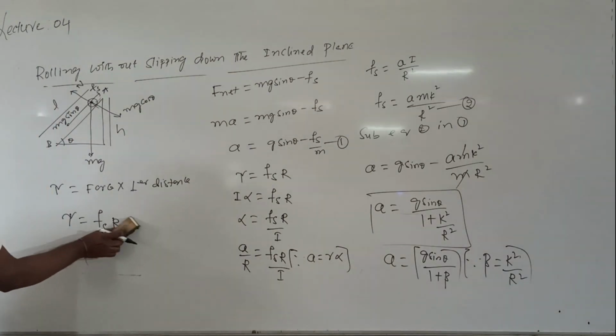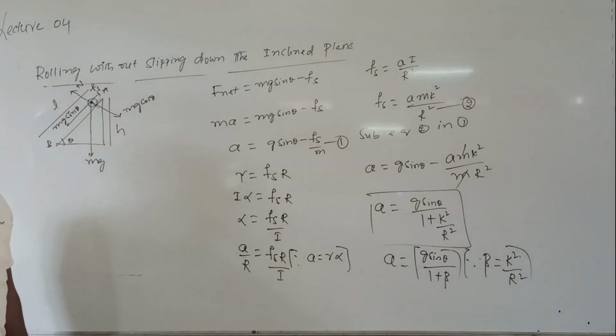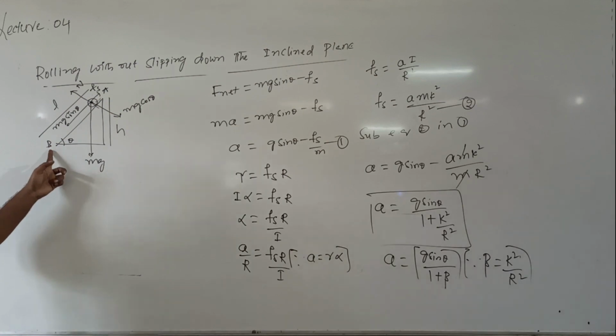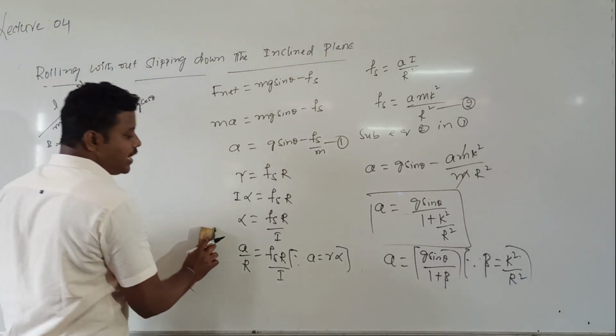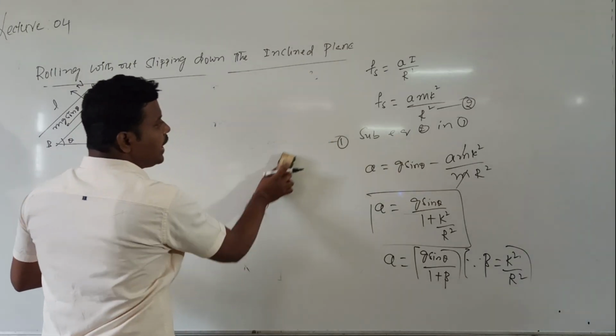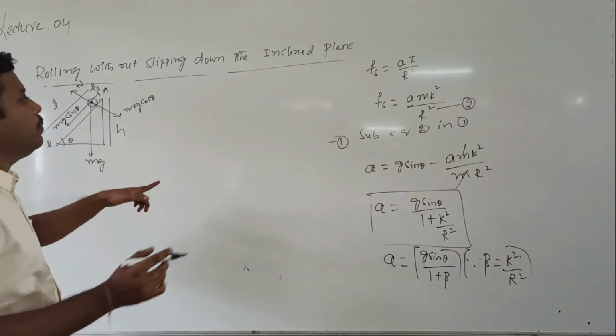After calculation of the acceleration, now let me calculate two more points: the frictional force, the velocity with which the body reaches the bottom, and the time taken to reach the bottom. So the last 3 points are related to this. How can I calculate the frictional force? We already have the formula.